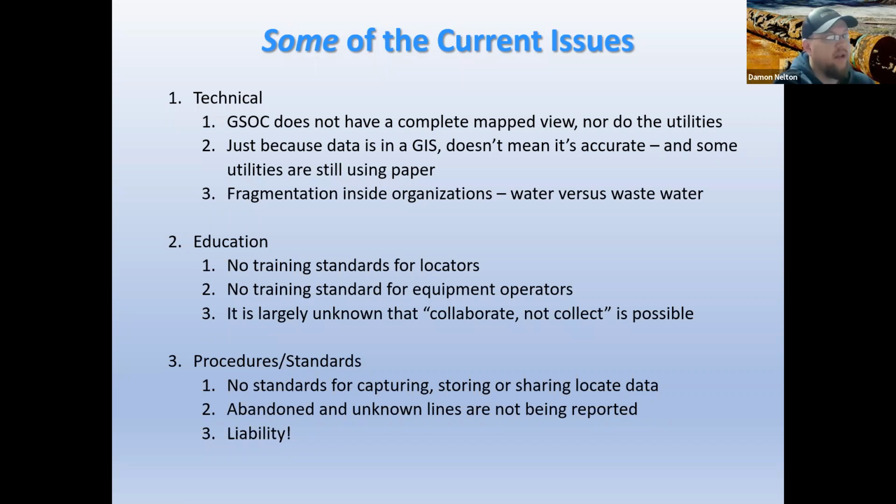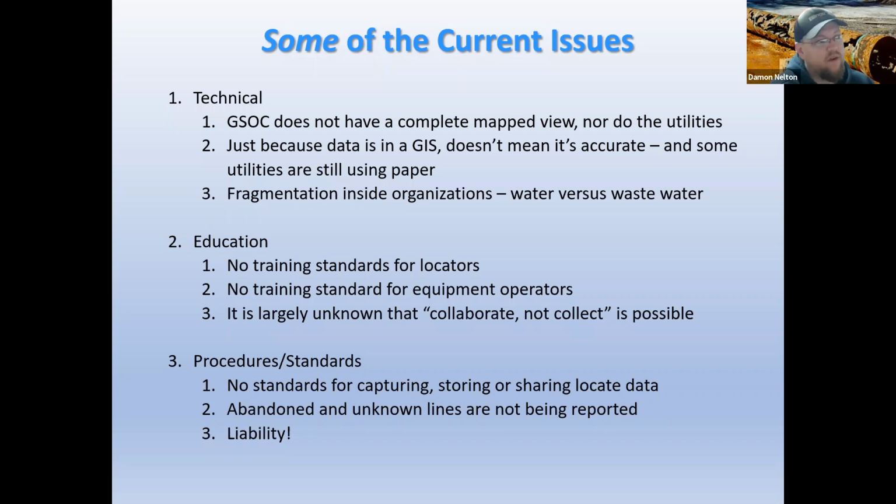In the technical arena, Gopher State One Call does not have a complete mapped view of Minnesota's buried infrastructure, nor do the utilities. Just because data is in a GIS database doesn't mean it's accurate. And some utilities are still using paper. Fragmentation inside organizations, water versus wastewater, can be two different departments and mapped in systems that don't talk to one another.